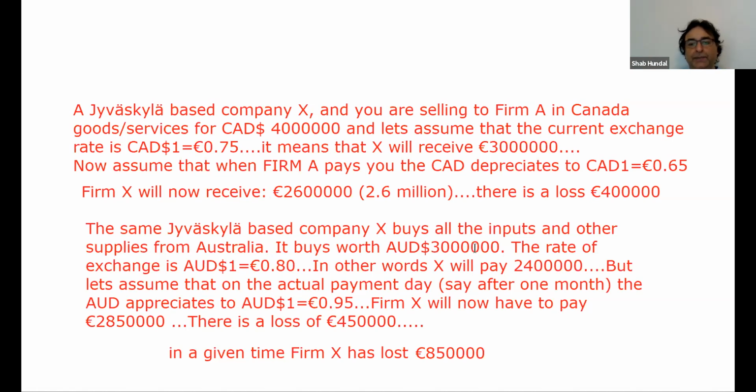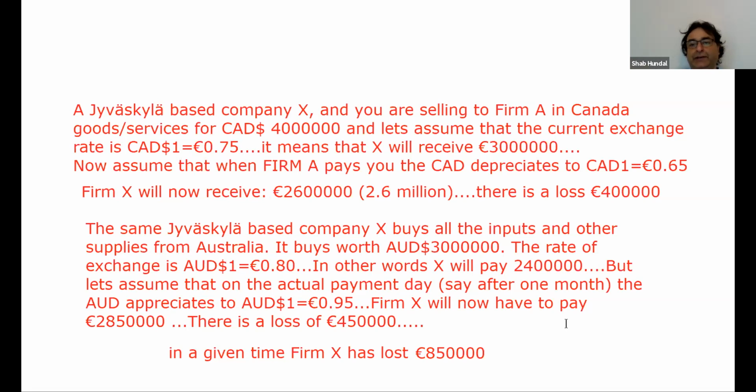Not only more frequently, but when the time of payment comes, you end up paying more, actually, in euros, because the currency in which you are making payment abroad to your supplier in Australia has appreciated. And that puts additional pressure. So not only do you have to pay 3 million Australian dollars quickly, faster, but you also have to pay 450,000 extra.